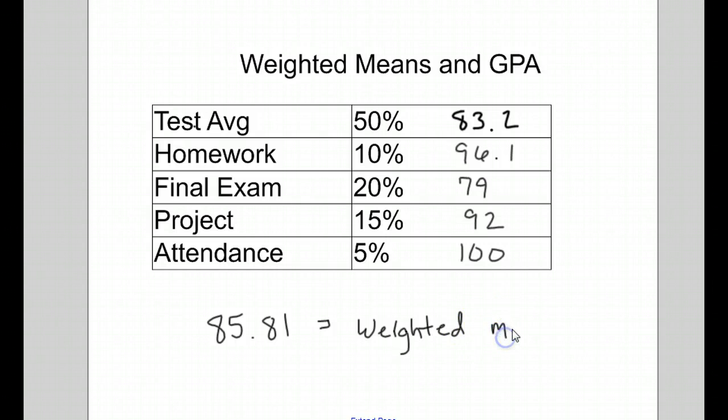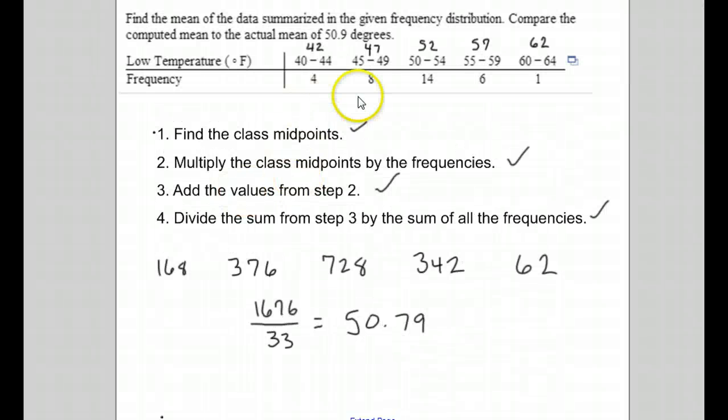And the weighted mean literally is how much do things weigh, and it's very similar to what we did right here with the frequencies. It's like this 42 had a weight of 4, this 47 had a weight of 8. But the only difference is when you do it this way, at the end you divide by this 33 because that's what these things add up to. Well, you do the same thing here.